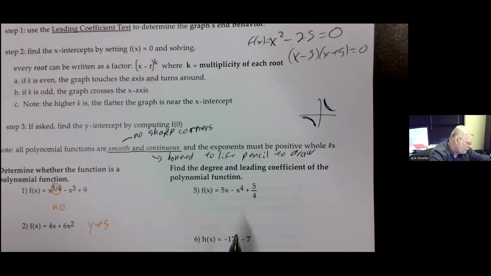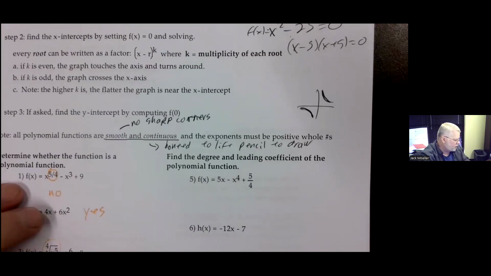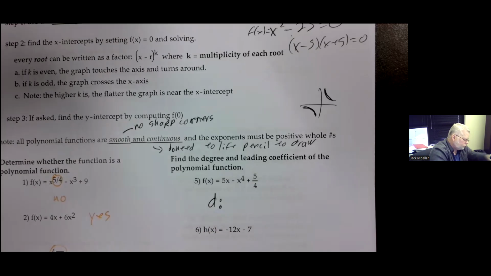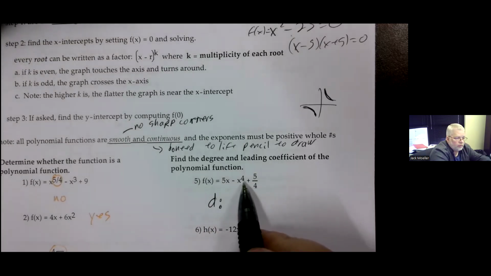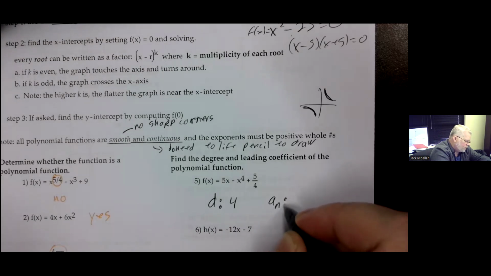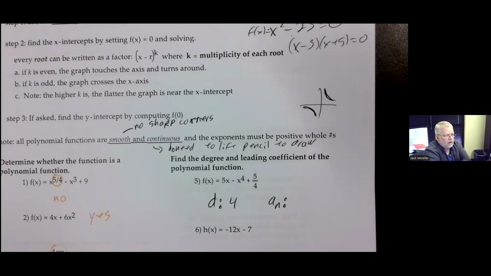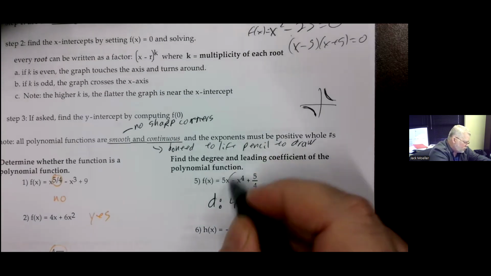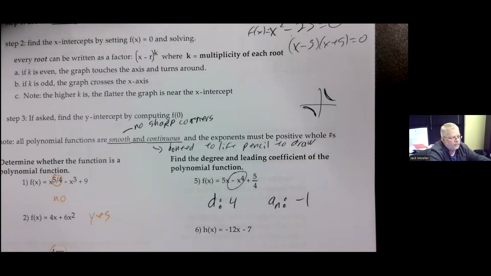So for number 5, f of x is equal to 5x minus x to the fourth plus 5/4. What is the degree and the leading coefficient? Well, the degree is the largest exponent on our x, so it's 4. And the leading coefficient, which I'm going to label as a sub n, is the coefficient on the term that gives us the degree, which is -1. Remember, if it's not in descending order, you have to be a little more careful.